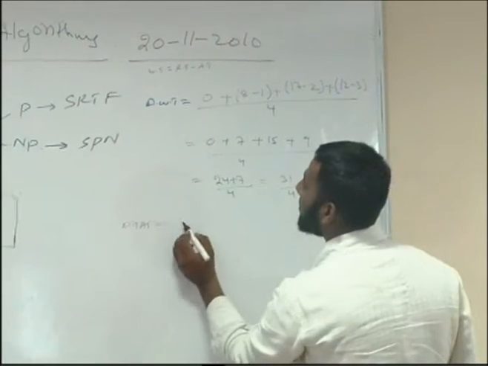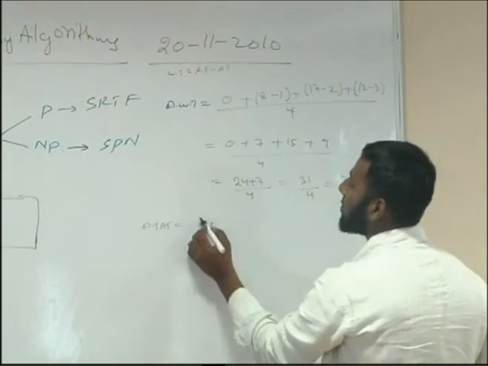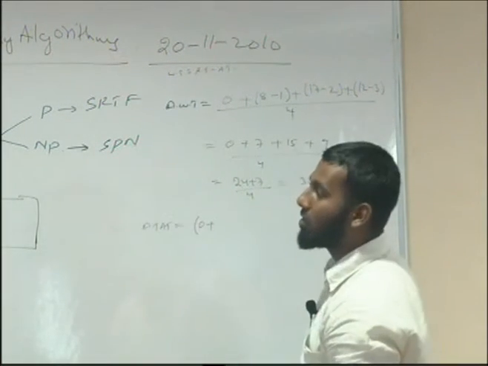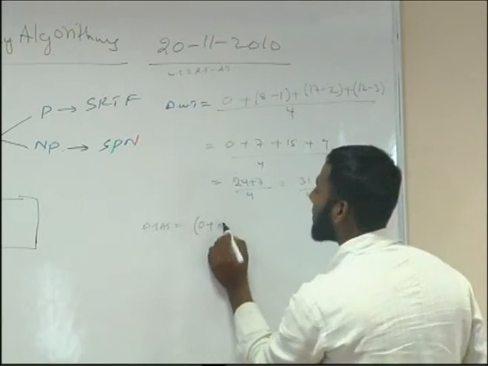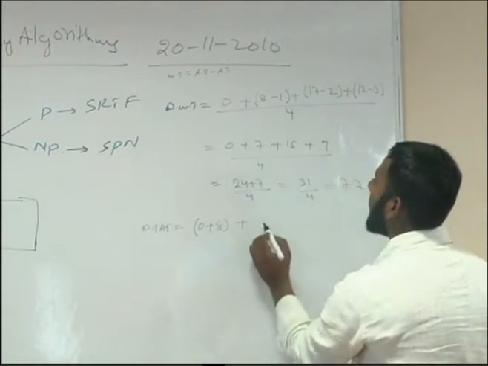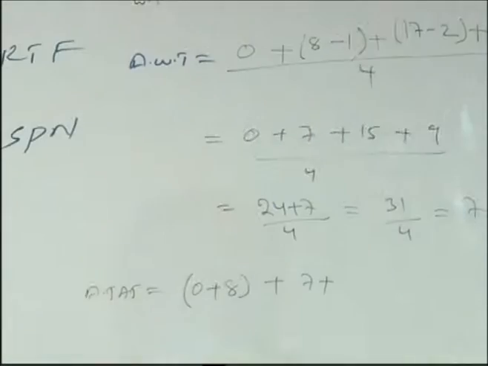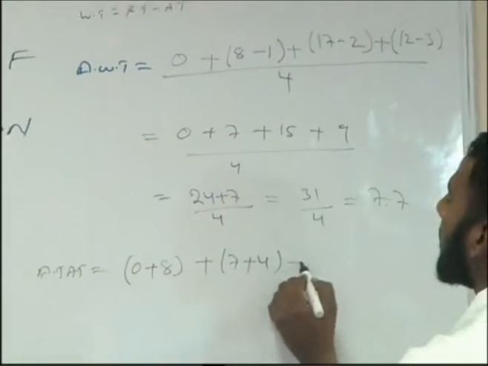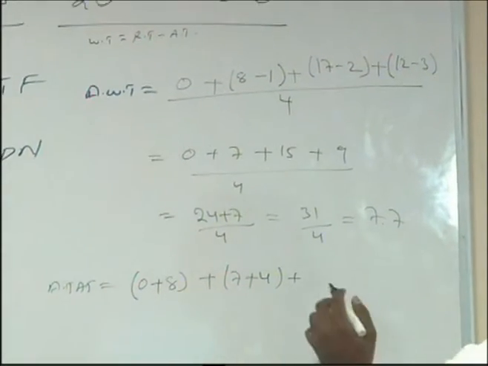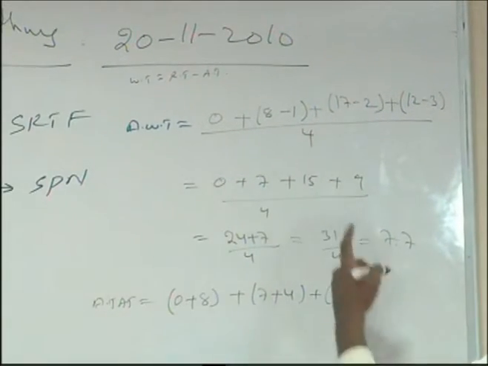So waiting time for process P2 is 0 plus burst time is how much? For process P1, burst time is 8 plus waiting time is 7. For process P2, burst time is 4 plus waiting time is 15.